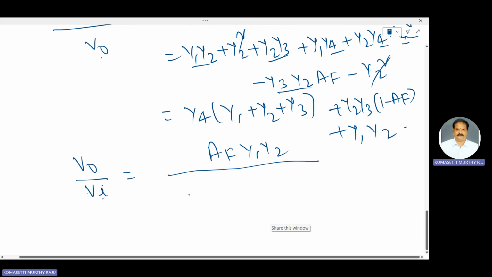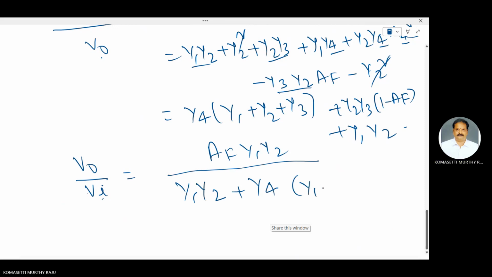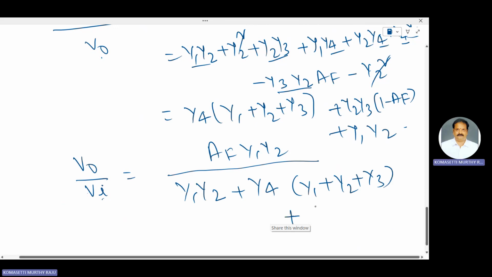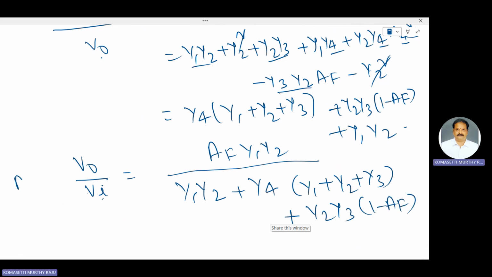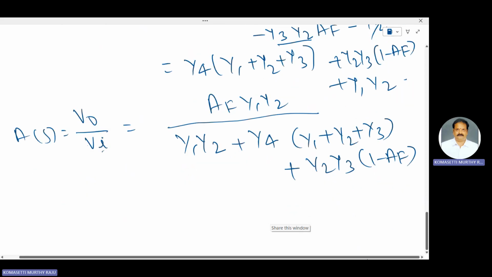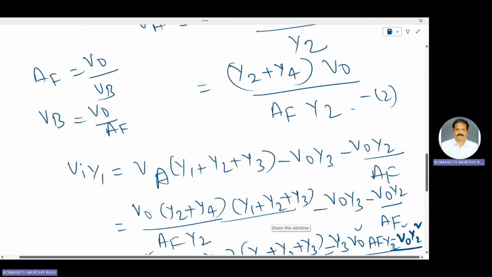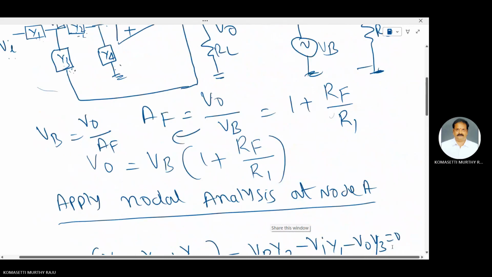Arrange this into the simple form: y1 y2 plus y4 (y1 + y2 + y3) plus y2 y3 (1 minus AF). This is the transfer function of the second order active low pass filter.